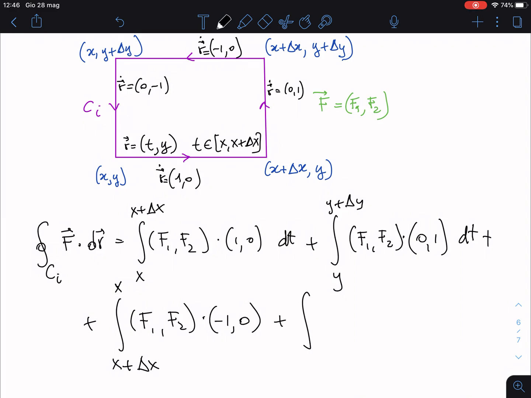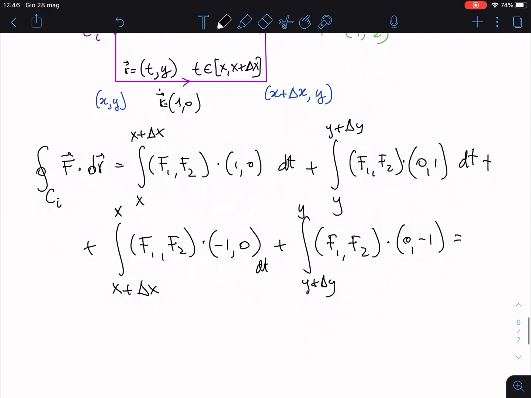Plus, the last, you go from y plus delta y to y, (F1, F2) times (0, -1), and so on and so on.